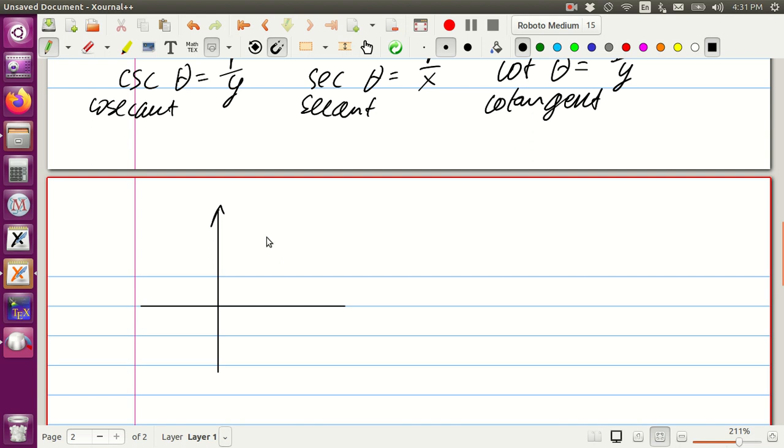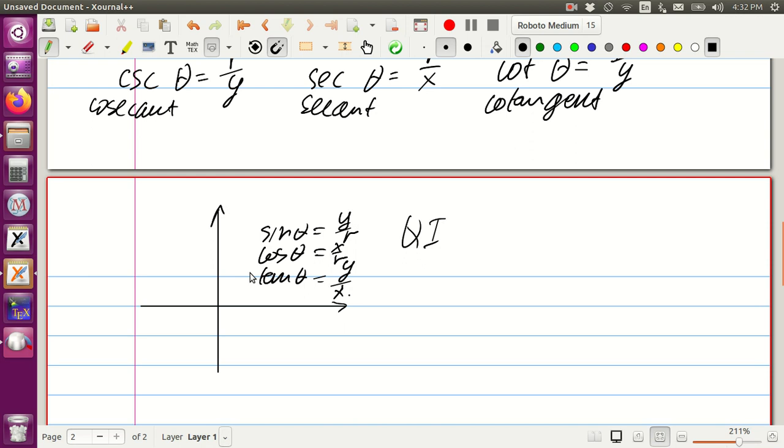So let's look at the main trigonometric functions: sine of theta, cosine of theta, and tangent of theta. Over here we can see that sine of theta by definition is y over r, cosine is x over r, and tangent is y over x. So in quadrant 1, Q1, we can see that all of these values are positive. X is positive, y is positive, and r is always positive.